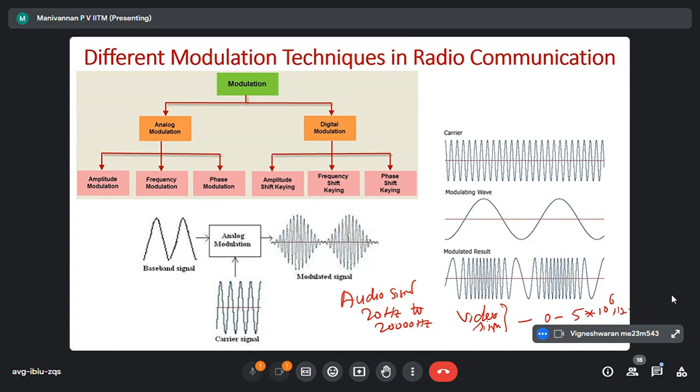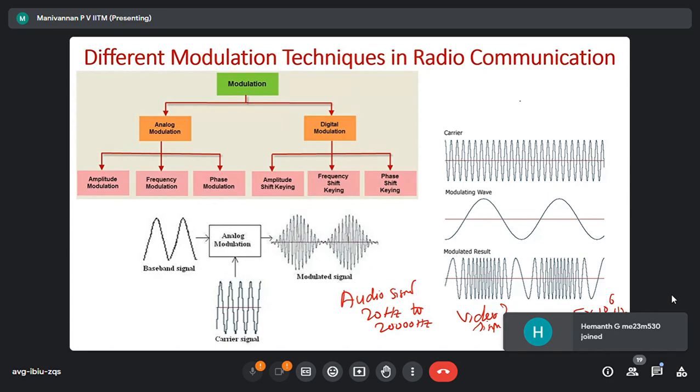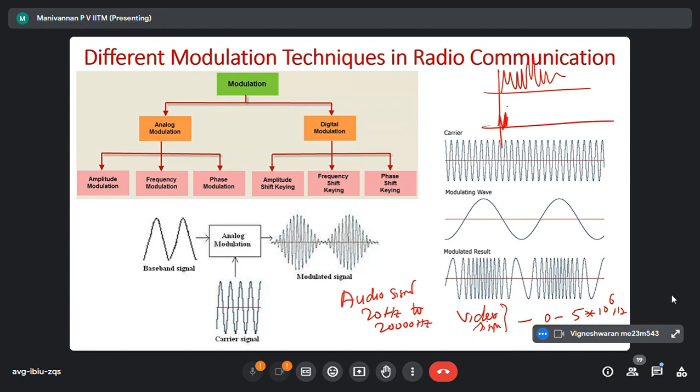It is not fixed. Depending on the light intensity and other parameters, the signal will also vary. The audio signal looks like this. The video signal will be very high frequency. Within 1 second, millions of cycles vary in video, while audio varies up to 20 kilohertz.